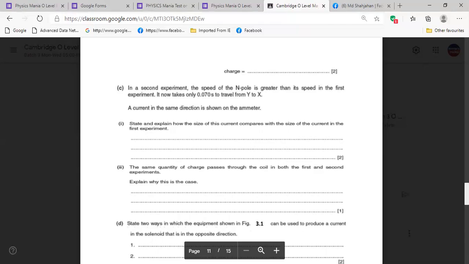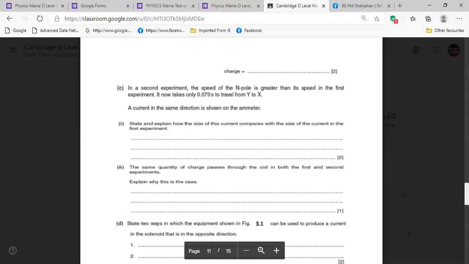More induced EMF and the field lines change fast. The current will be double. They are saying the speed of the North Pole is greater than its speed in the first experiment. So the current will be double, right?